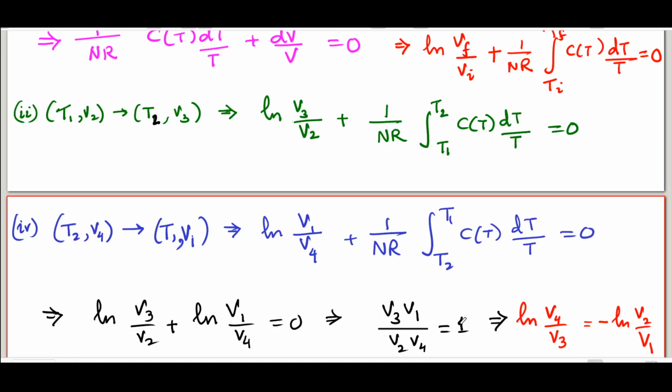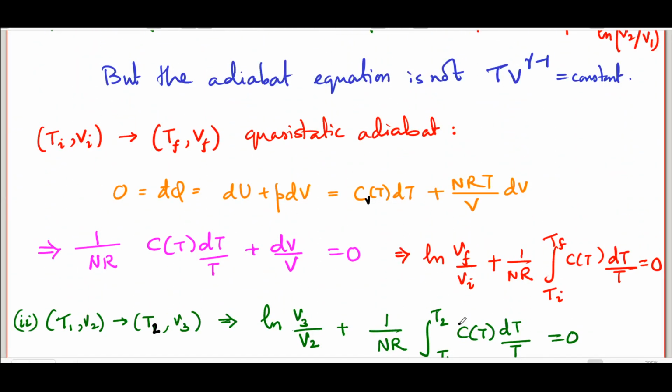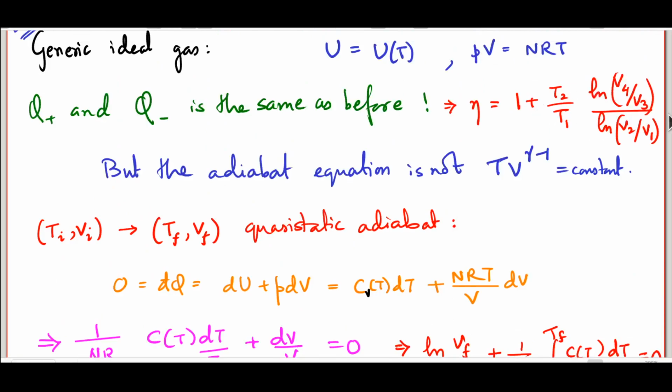Log of V4 by V3 is minus log of V2 by V1. And so the efficiency eta, which is given by this, simplifies to the same expression as before, 1 minus T2 by T1.